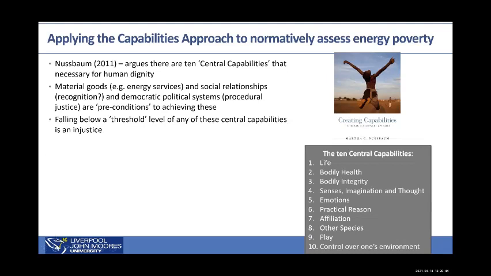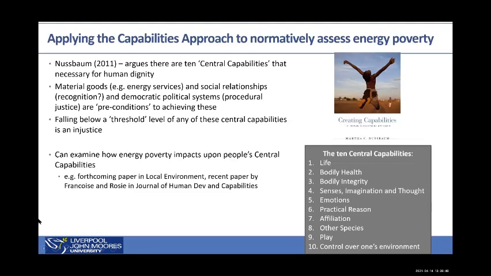So what we might consider doing for energy poverty research is to examine how energy poverty has an impact upon people's ability to achieve those central capabilities. There's some work that has started to do this. It's a recent paper by Francois, who you'll hear later, and also by Rosie, in the Journal of Human Development and Capabilities. I've also got a forthcoming paper with some colleagues in Local Environment doing something very similar.